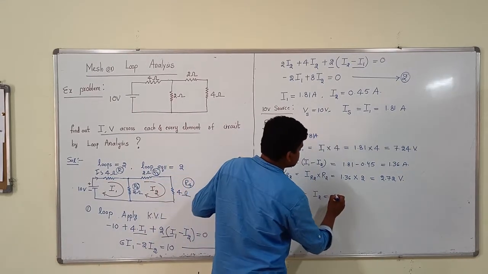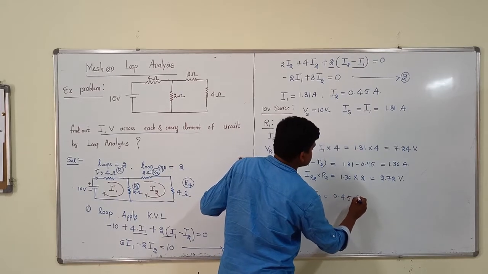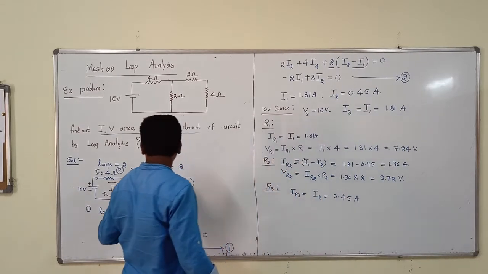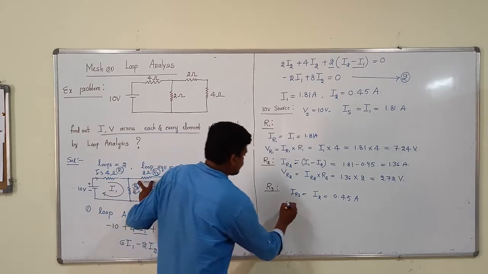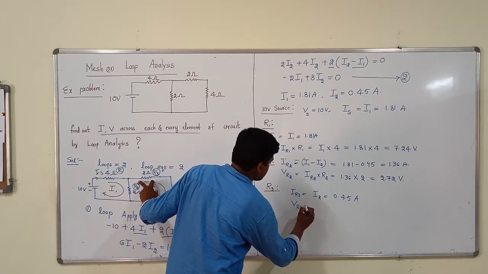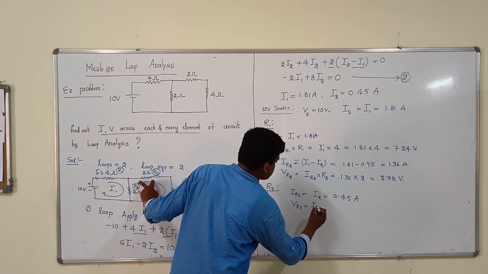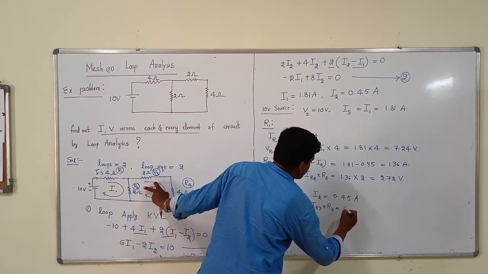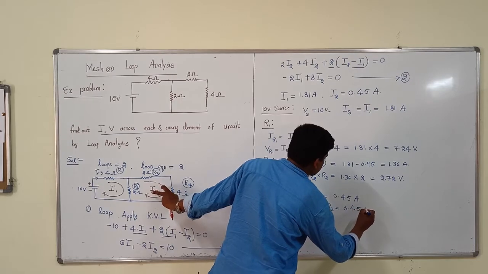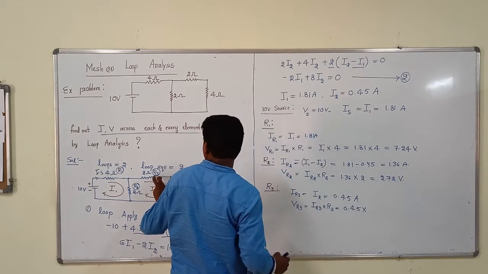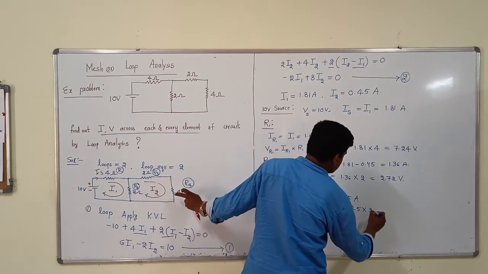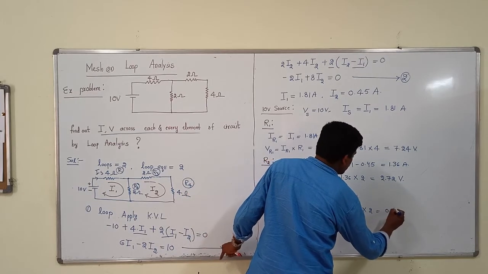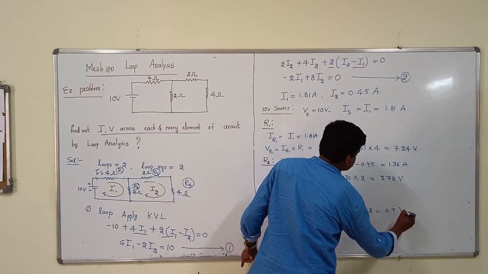The I2 current value is 0.45 amperes. Next, what about voltage? Voltage across R3 is simply the current across R3 into R3. The current across R3 is 0.45, we know that. The resistance is 2. 0.45 into 2, we will get 0.9 volts.